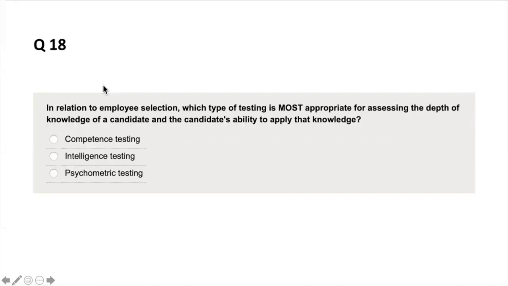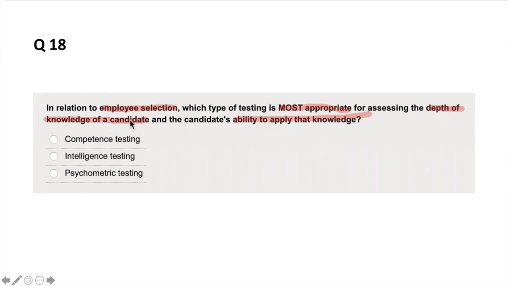Question number 18, in relation to employee selection, which type of testing is most appropriate for assessing the depth of knowledge of a candidate and the candidate's ability to apply that knowledge? So you have employee selection, which is a key area of the syllabus of business and technology, and which type of testing is most appropriate for assessing the depth of knowledge of a candidate and the candidate's ability to apply the knowledge.